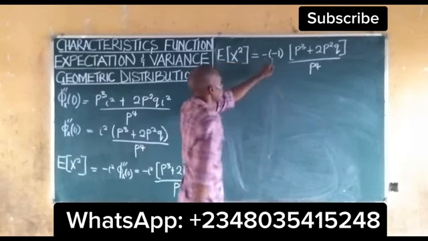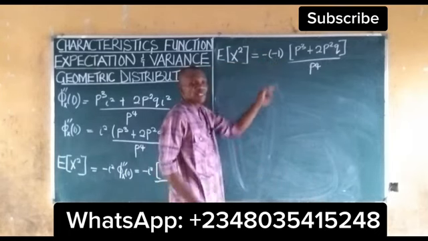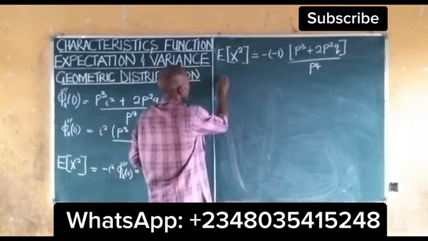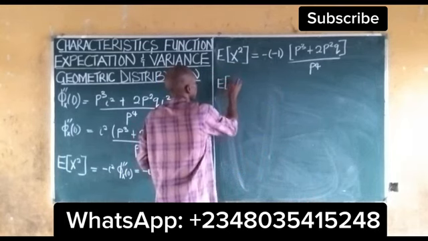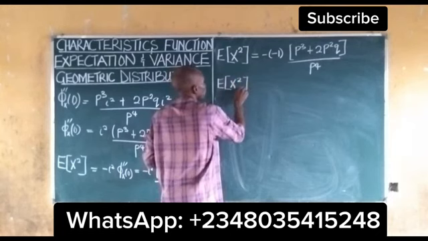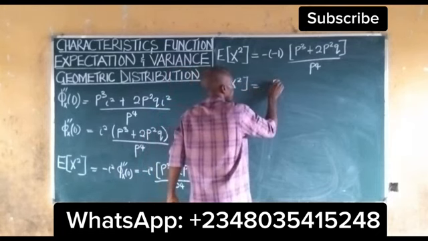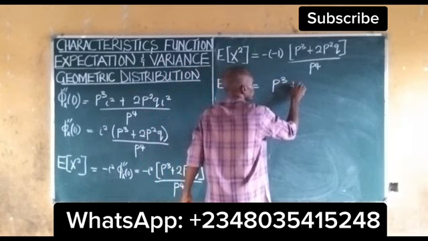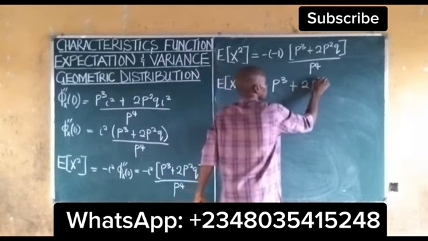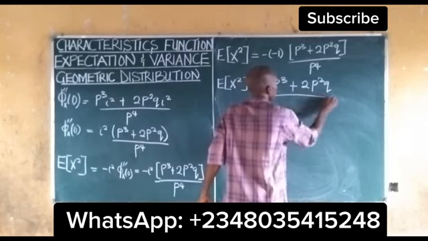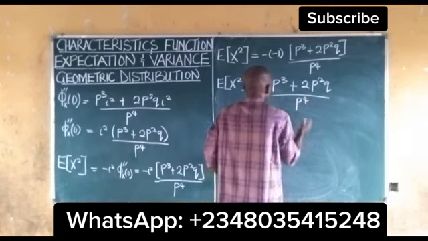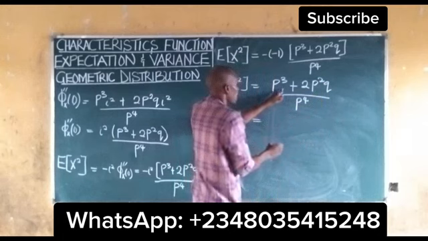Of course, negative is positive, so we have our expected value of x squared to be equal to p cubed plus 2p squared q all over p to the power of 4.